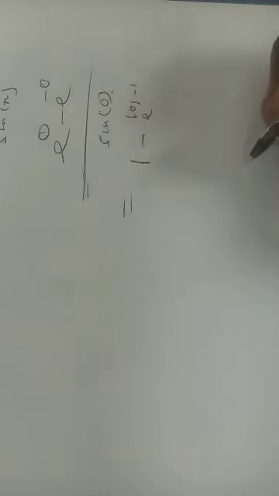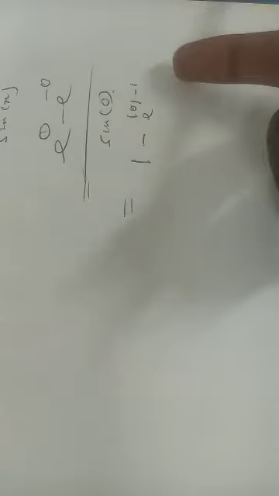We are very much aware that anything to the power 0 is the same as 1. So 1 minus, this is like having e to the power 0, positive, and then a negative 1 outside.